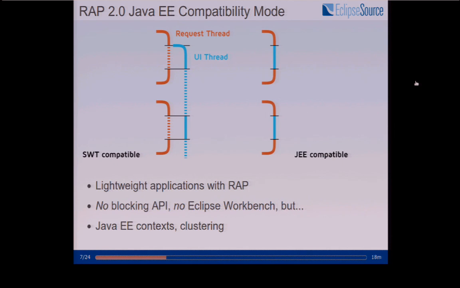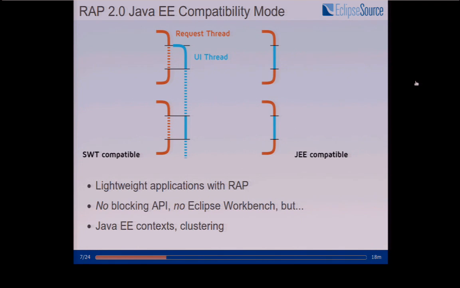But this is against the JEE rules, because there's always the overhead of running a thread all the time for every user session. We changed this with the JEE compatibility mode, where we're doing our own operations just in the request thread.